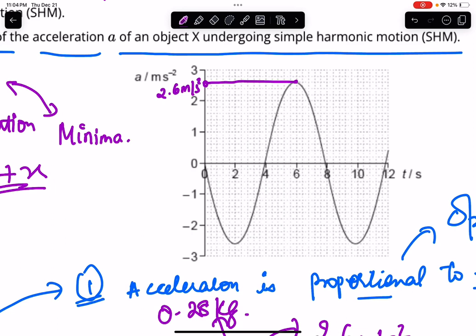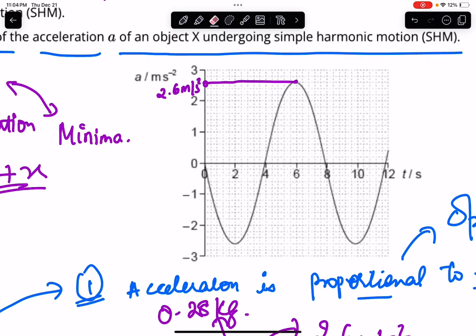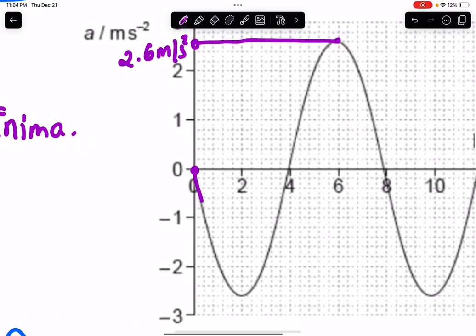If you look at the time period, this is how the oscillation is happening. So this is one period T, and after that the function will start repeating itself. That's precisely why you need to calculate this to be your time period.